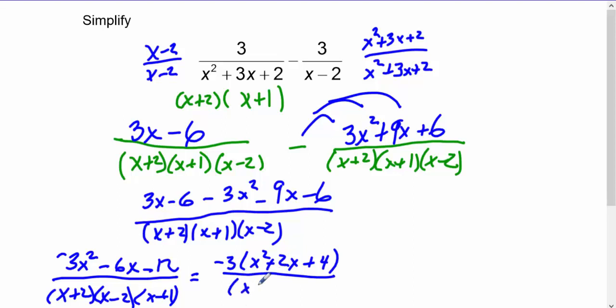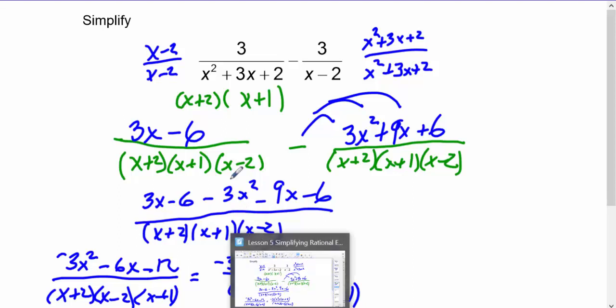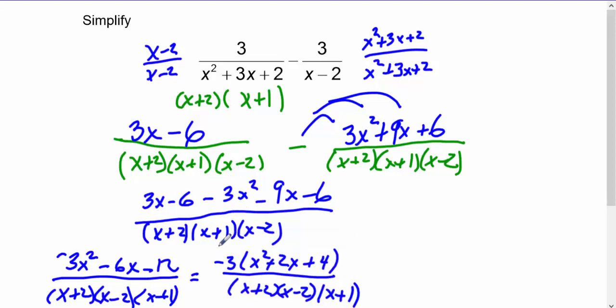And that's going to be over x plus 2, x minus 2, x plus 1. Pretty sure I did that right. Hope I did that right. Notice, again, there's nothing that will reduce out because this term doesn't factor anymore. So again, you could have left it here or leave it here. Doesn't matter to me. But I like going through the exercise.